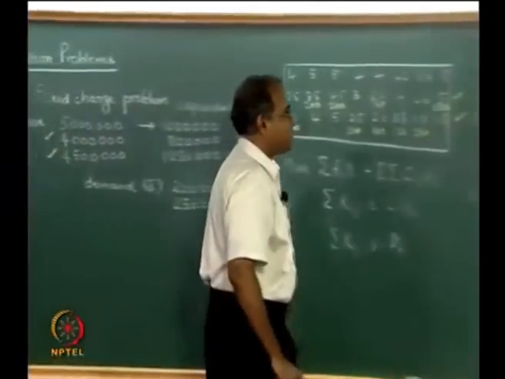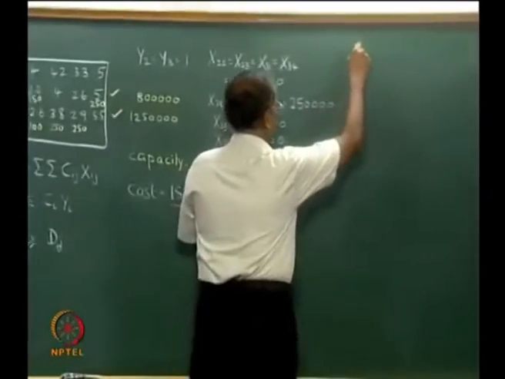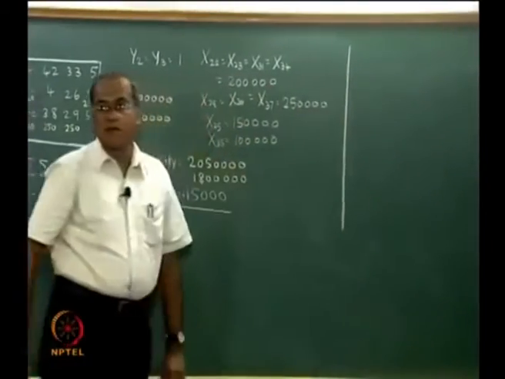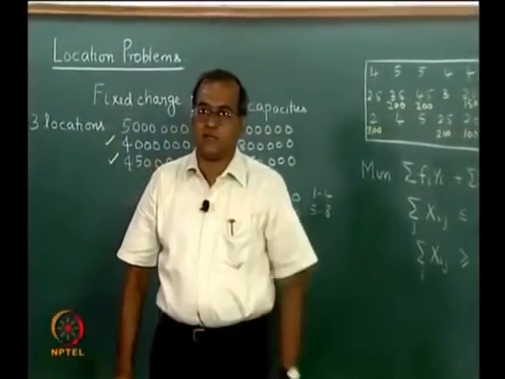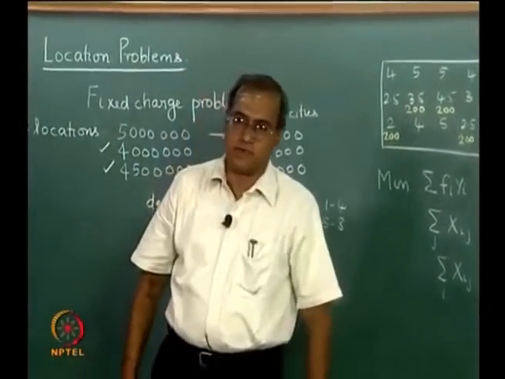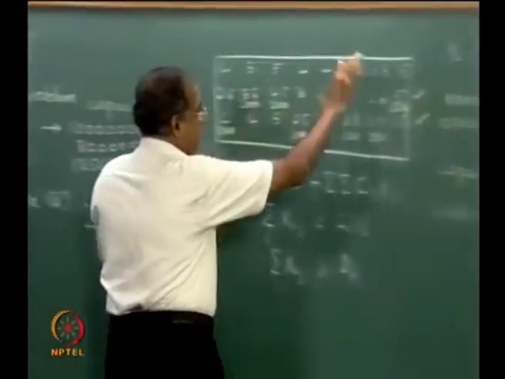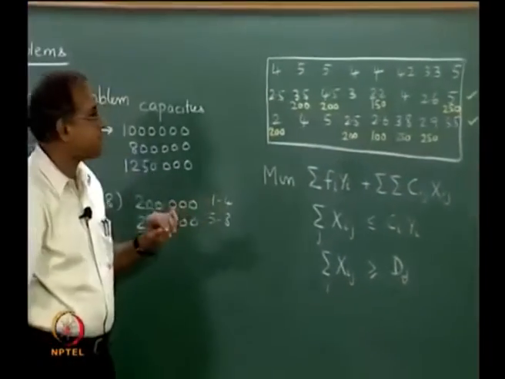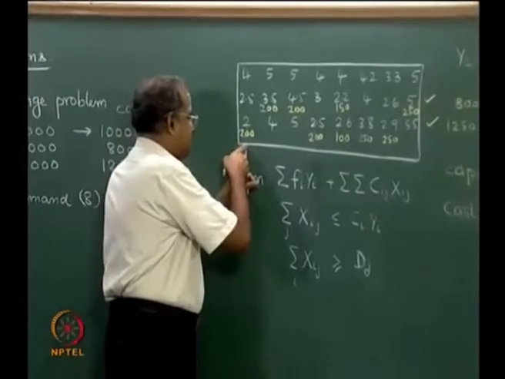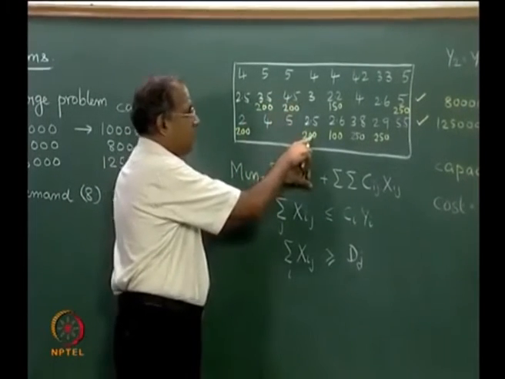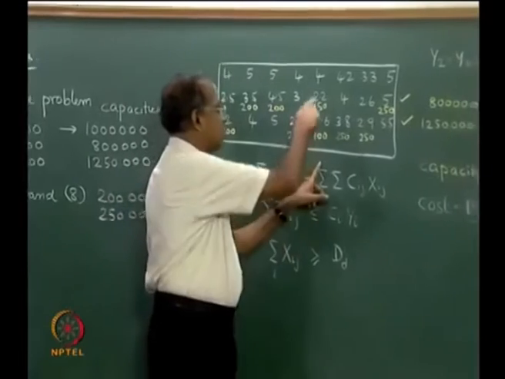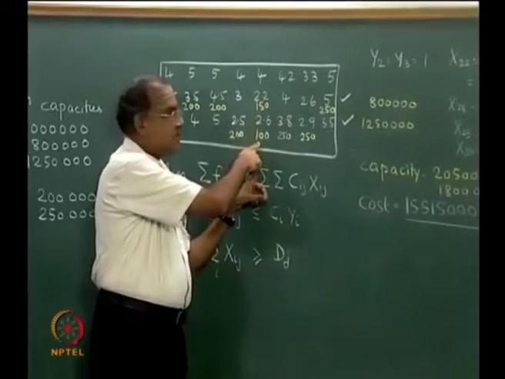Now, the second variation of this is the case where a demand is met entirely by one facility and not by more than one facility. If we see this particular example, the demand of this is met only from here, only from here, only from here, only from here. 5 is met both from 2 and 3.